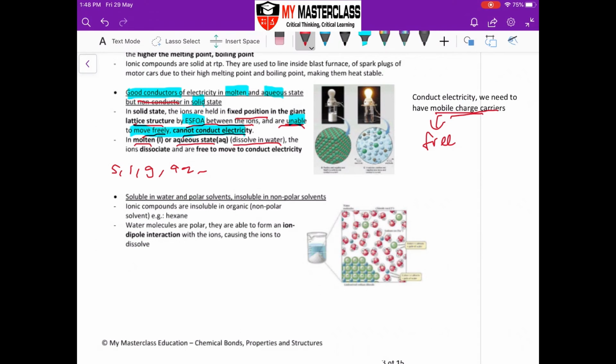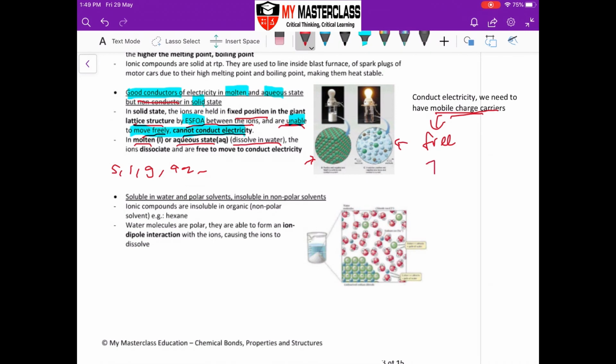When you have solid salt particles, the arrangement will look like this. The green ones are your minus, the gray ones are your plus. The gray ones are your cations, Na+, the green ones are the Cl-. In solid, they are vibrating in fixed position held by strong electrostatic forces of attraction, so they cannot move. They are not mobile. But when I dissolve it in water, the ions will separate.